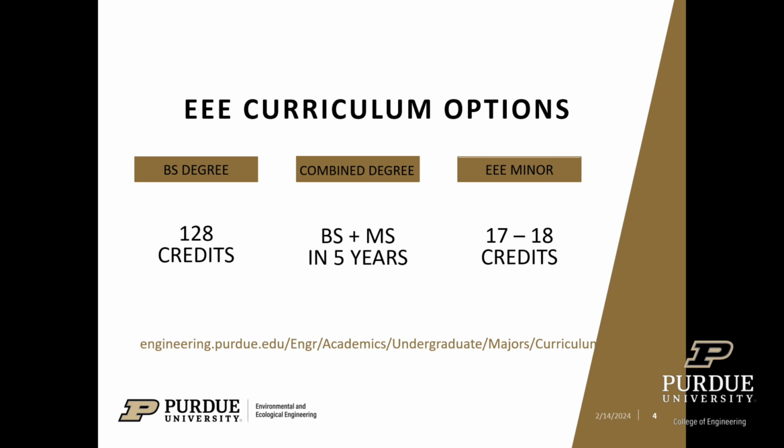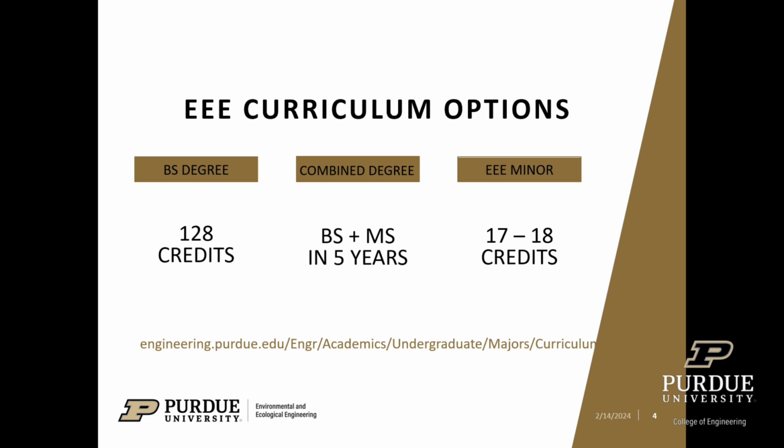You can double count those credits. Up to 12 credits can be double counted, and that is the carrot for this combined degree program, that you get to double count some credits. You have to have a 3.25 GPA to be eligible to apply. So at the end of your junior year, hit that mark, and then if admitted, you have to maintain the 3.25 GPA throughout the duration of your senior terms as well.